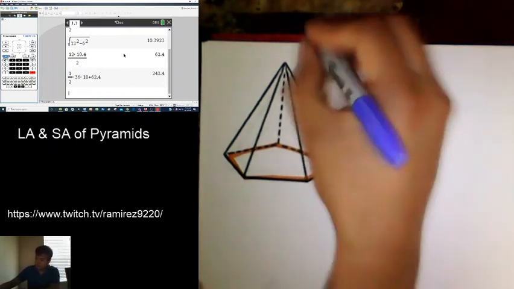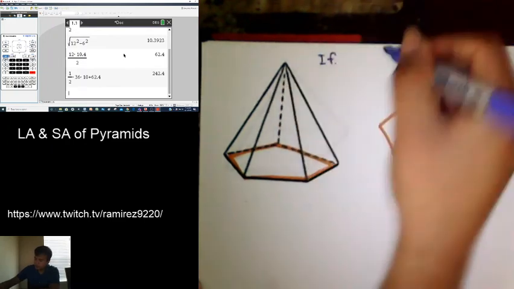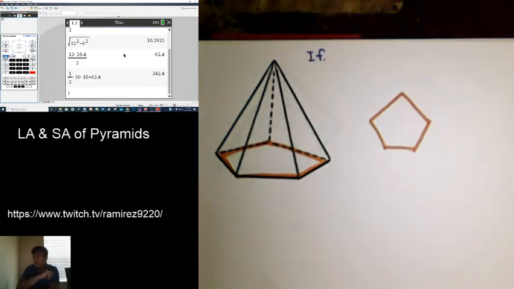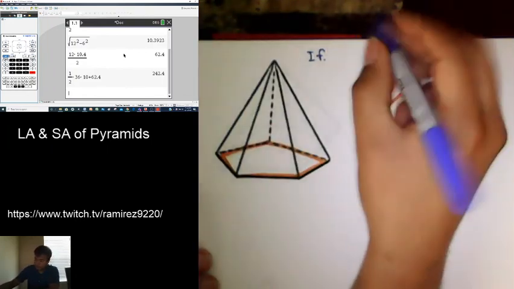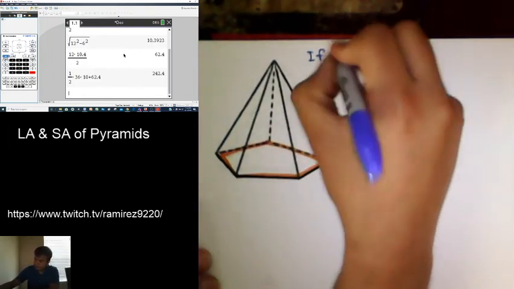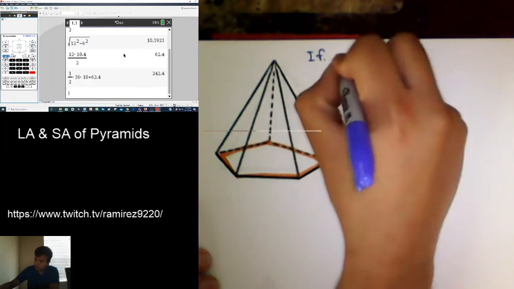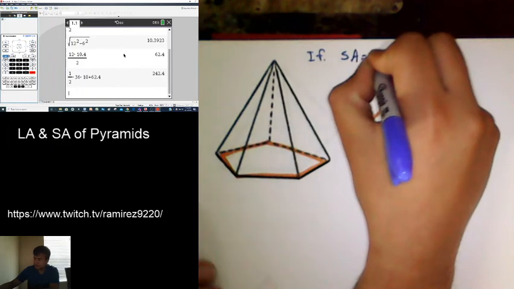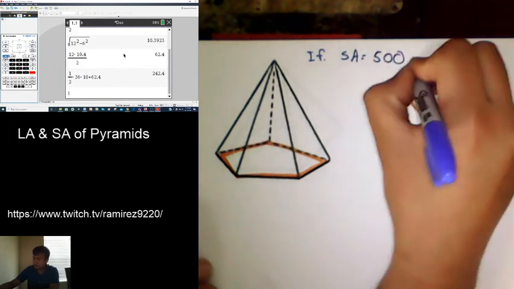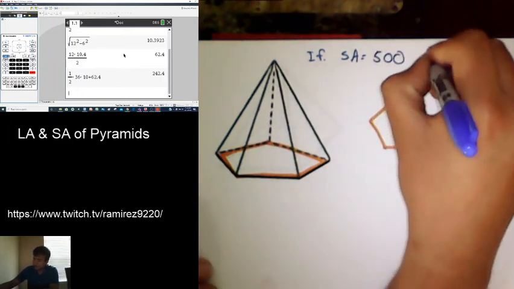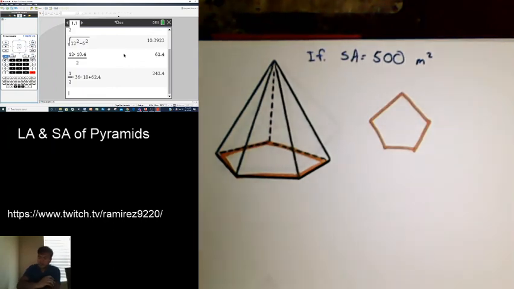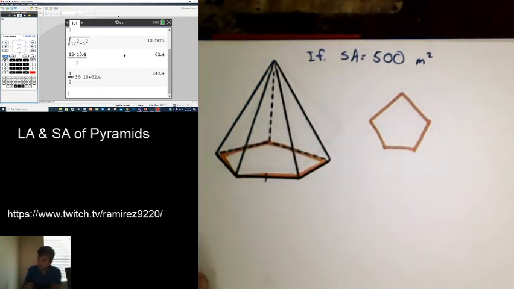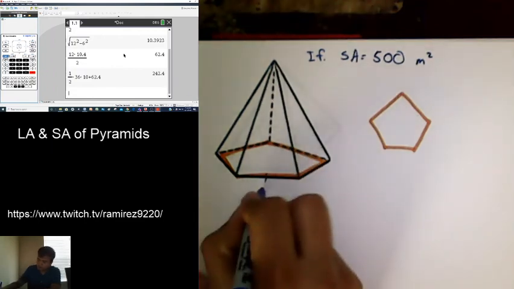So let's say that your surface area was 500, whatever, 500 meters squared. Let us say that you knew that each side in your pentagon was 6.